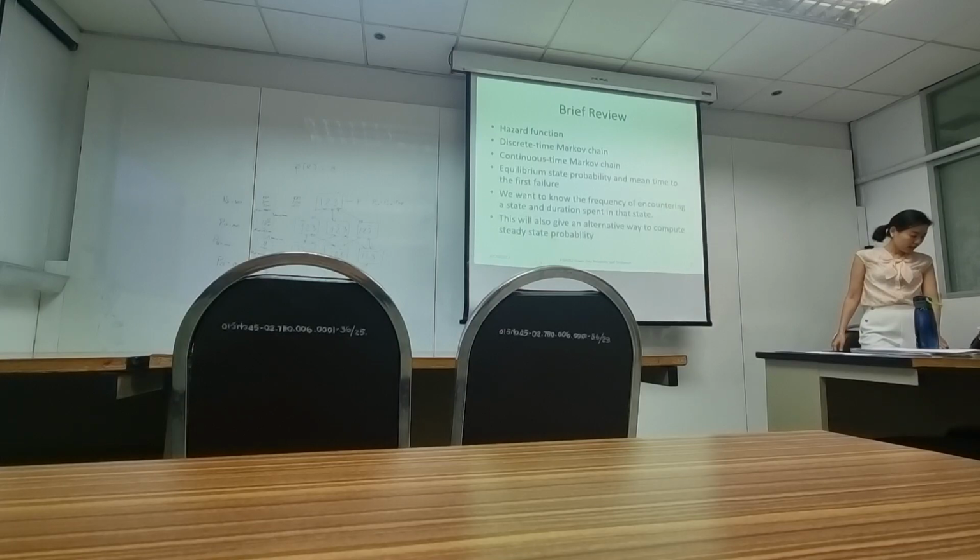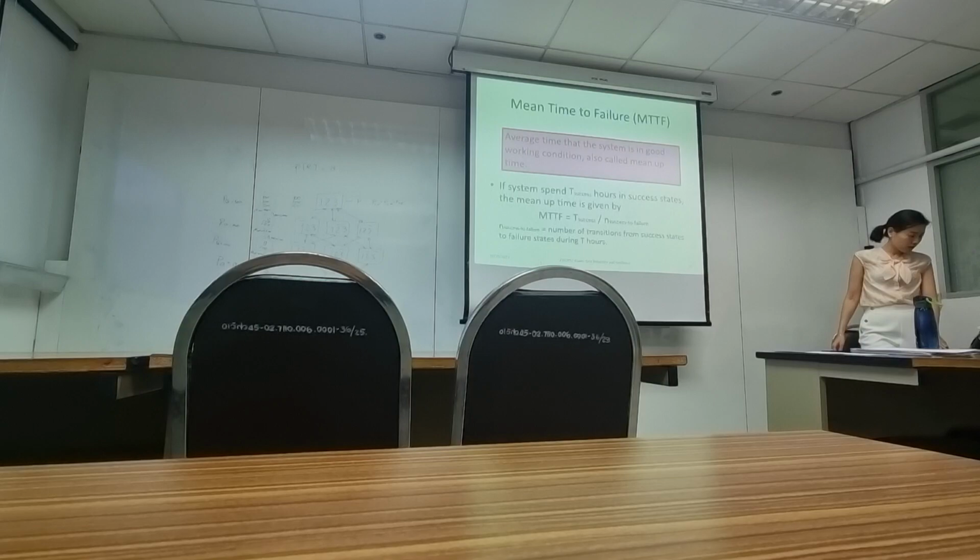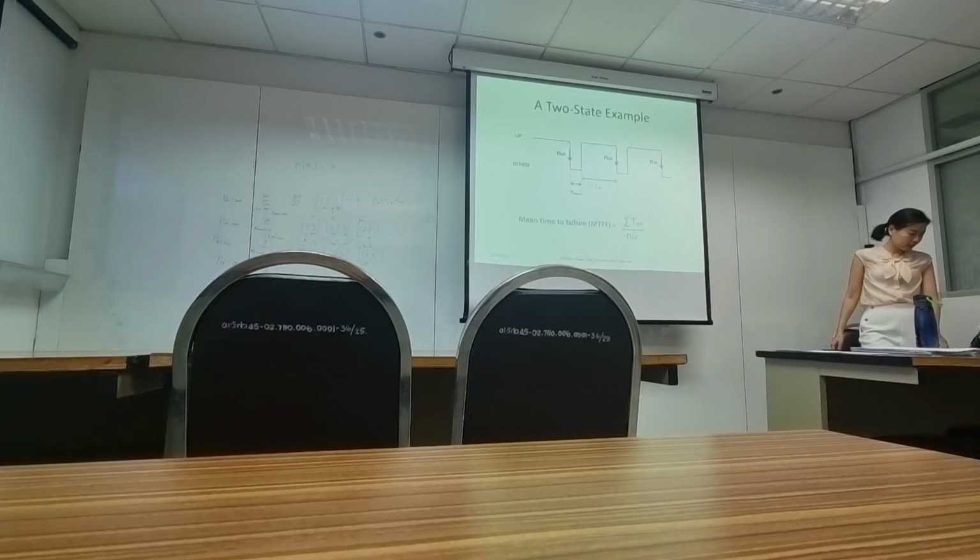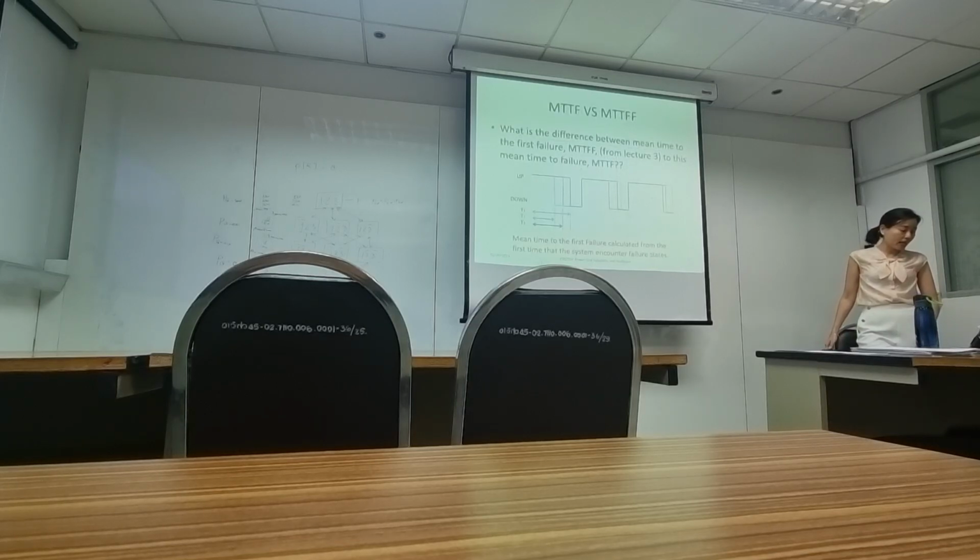We have done quite a bit of the review, so let's go a bit faster. You have the idea of the mean time to failure. The mean time to failure is actually the summation of the time in the up state divided by the number of up to down transitions. This is what I mean by the difference between the mean time to the first failure and mean time to failure.